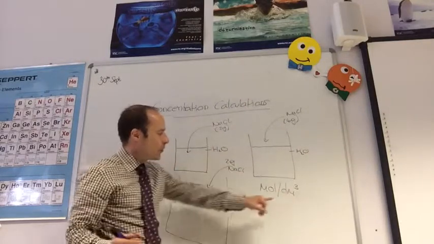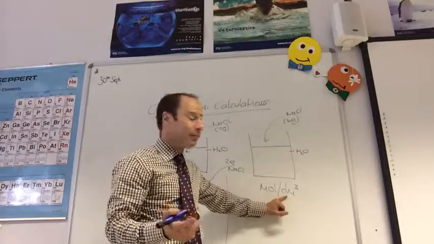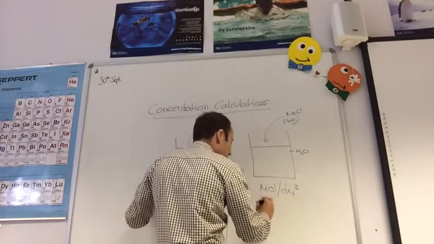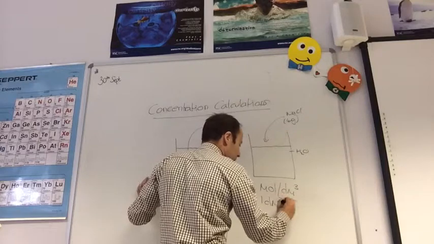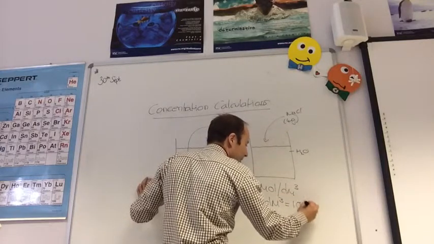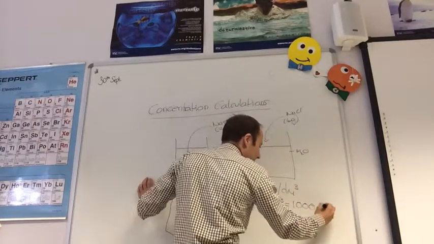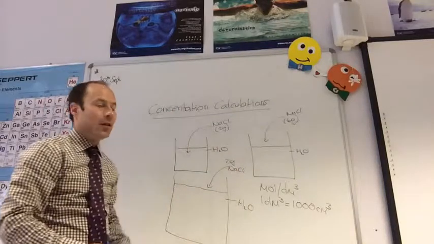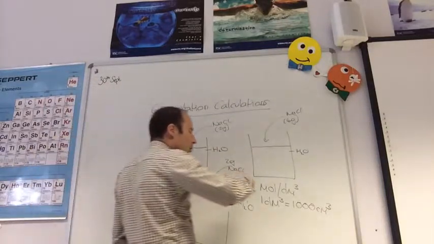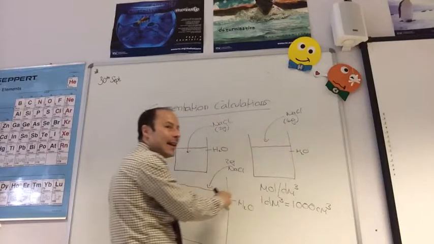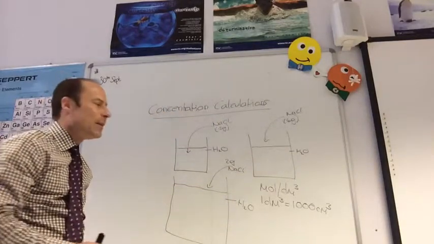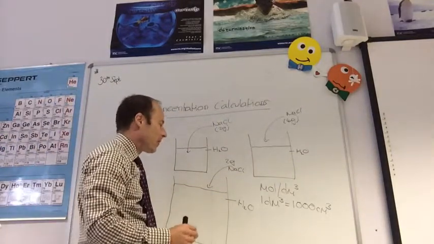Remember, decimeter cubed we met before, we met with gases. 1 decimeter cubed is the same as 1,000 centimeters cubed. So it's like saying, how many moles do you have in every 1,000 centimeters cubed of solution?